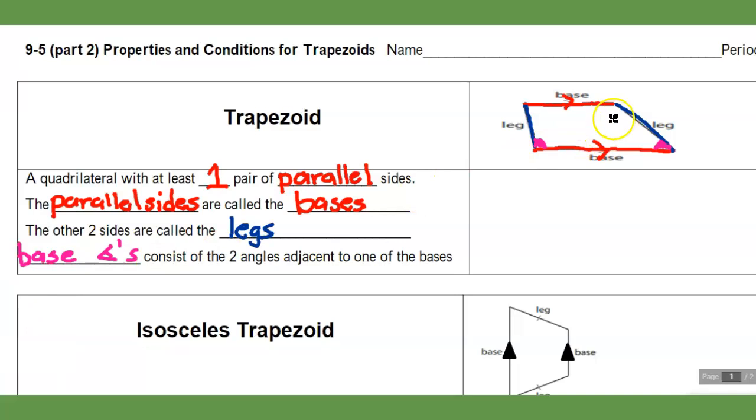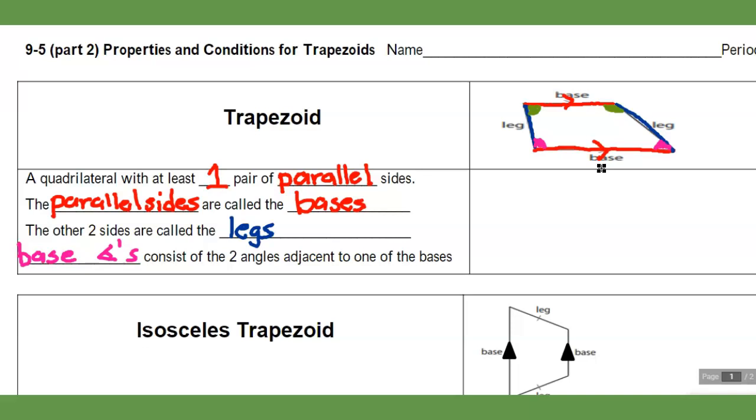We also have a base up here, so these would also be some base angles. So we usually think of base as being at the bottom, but since we have a base at the top and bottom, we have two sets of base angles.